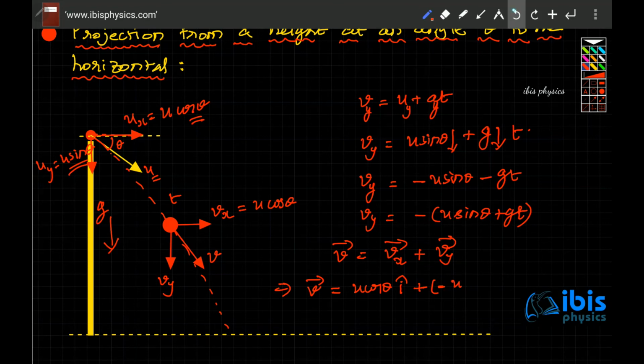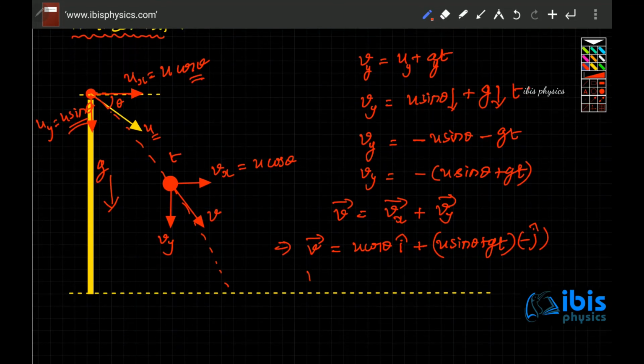This negative sign indicates that it is in the downward direction. So its value is u sin theta plus gt, acting in the downward direction. That's what this negative sign says: the net velocity vector is u cos theta i cap minus u sin theta plus gt into j cap.